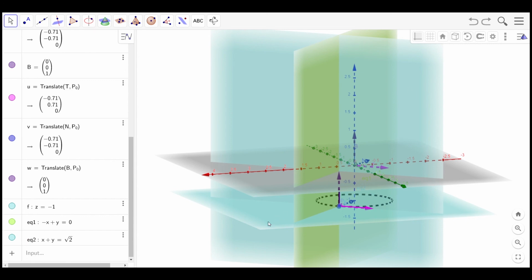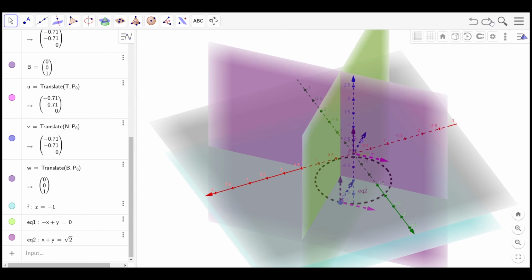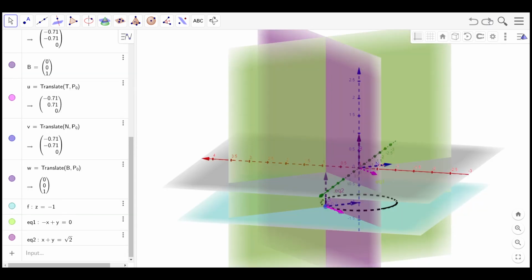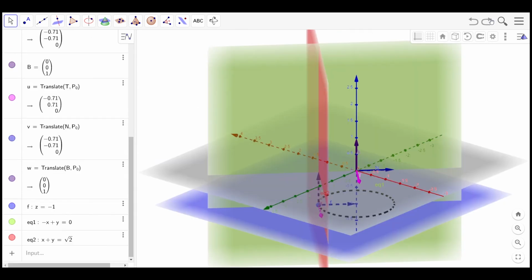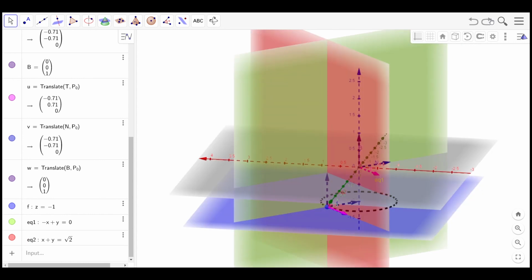You can change the color. You can see that this blue plane is the osculating plane, this green plane, that is minus x plus y equal to 0, is the normal plane, and this red plane is the rectifying plane.